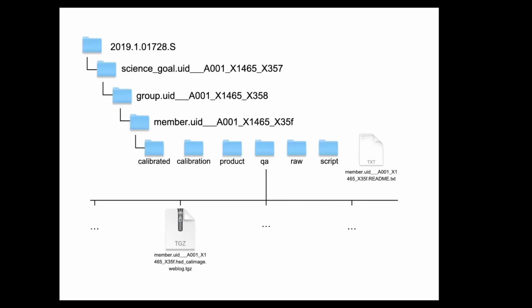So in order to open the weblog, you check the QA folder, and there will be a tar and zipped file that says weblog, and you untar it and uncompress it, and then you will have a folder that says pipeline.